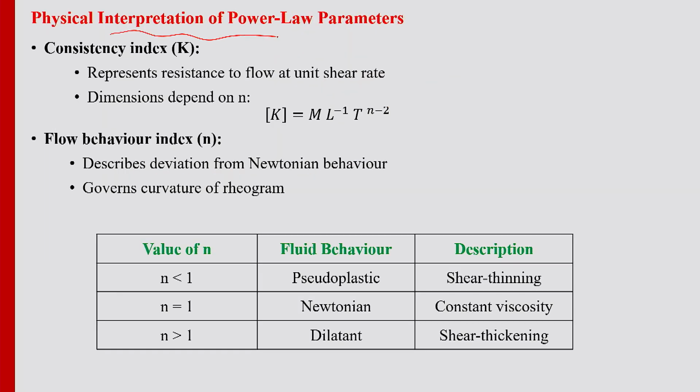So, the physical interpretation of the power law parameters: as discussed in the previous model, k is the consistency index. It represents the resistance to flow at a unit shear rate.